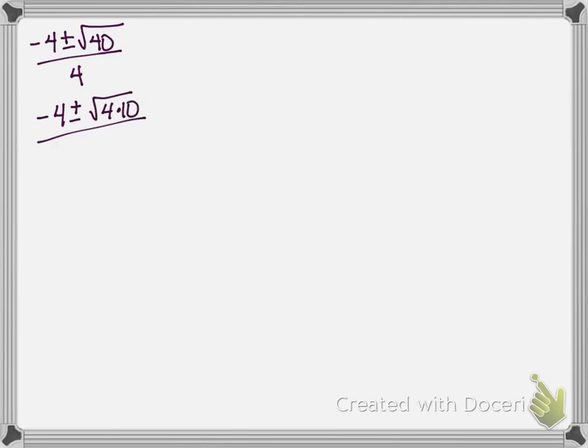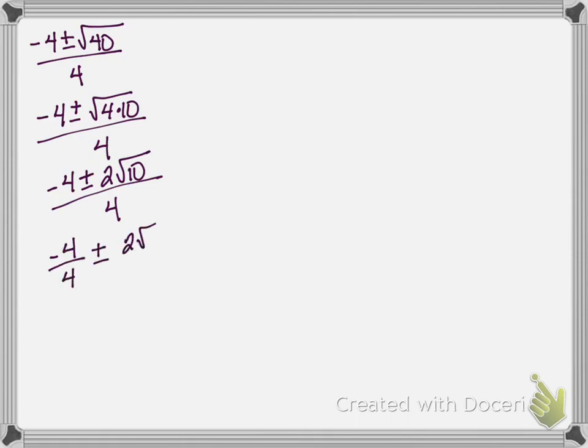Okay, what's the square root of 4? 2. So I have -4 plus or minus 2 times the square root of 10 over 4. Now we're going to break this down into two fractions. So I have -4 over 4 plus or minus 2 times the square root of 10 over 4.